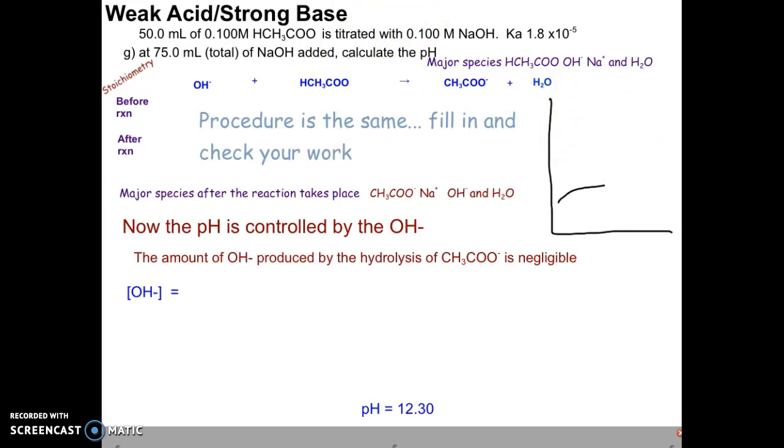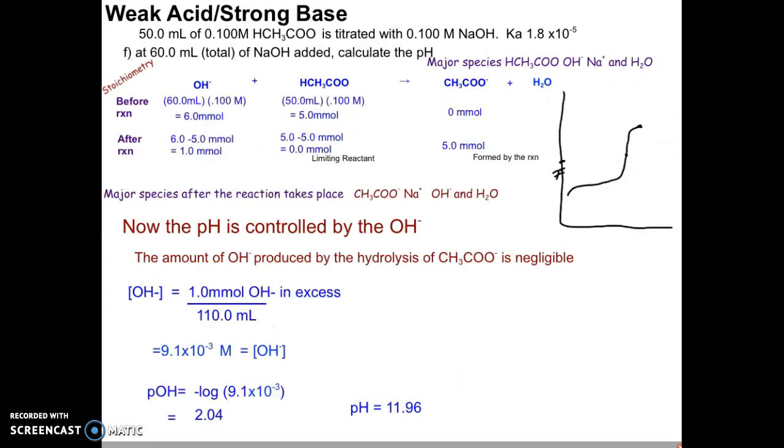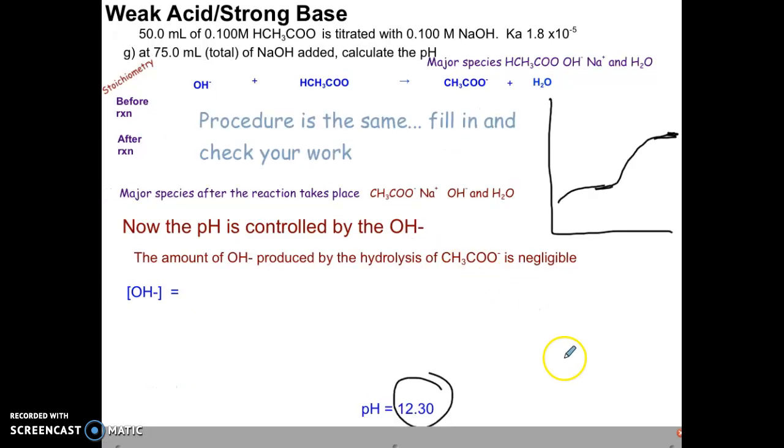It's one of those things that they're not quite as steep as you think like they are in a strong acid, strong base. But you've got this part of the curve, and then it kind of tails off there a little bit. And so you're really in that excess area here, where the pH isn't changing that much because you're in high pH, you're in high hydroxide ion concentration as far as your excess.